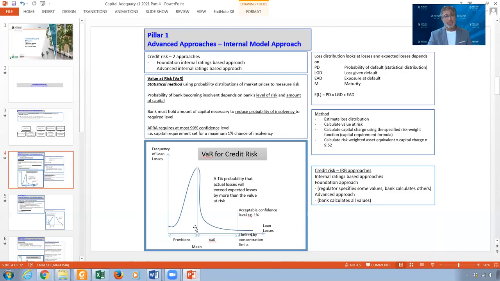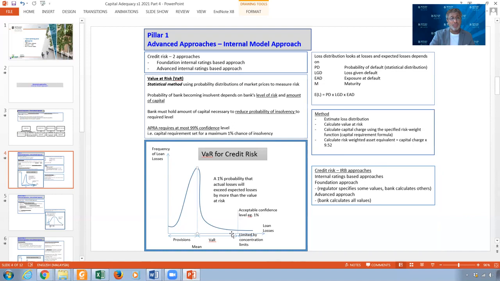And so, for example, if the calculation shows you the VAR from here to here is 13% or 10%, this is the capital you need. But if you look at the distribution from here to here, maybe it's 13% or 15%. If this is 5%, so this should be 10%. This is how it works.